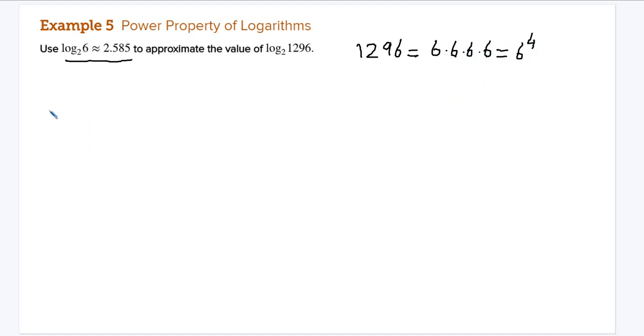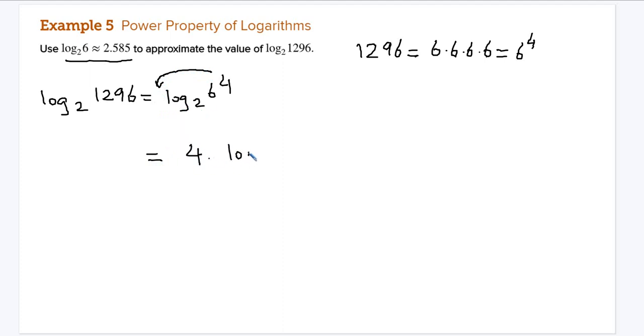So it's better to start off the question with that. Log 2 of 1296 should be equal to log 2 of 6 to the power 4. And we know that we can just apply the power rule here. The 4 drops in the front, so it will be 4 times log base 2 of 6 here, like that.